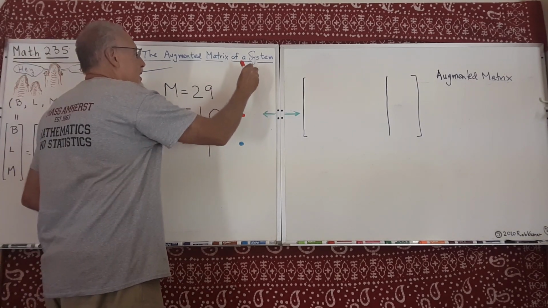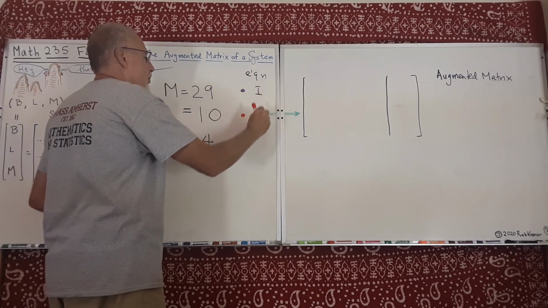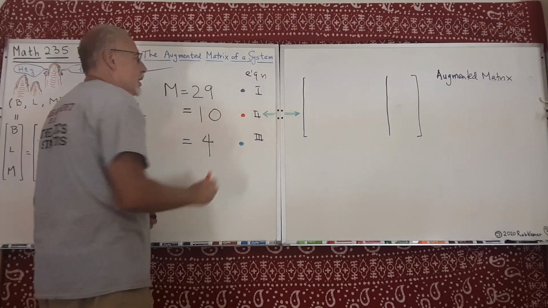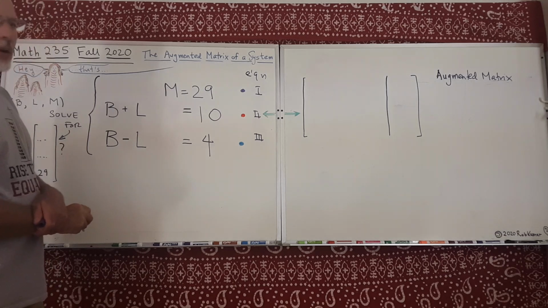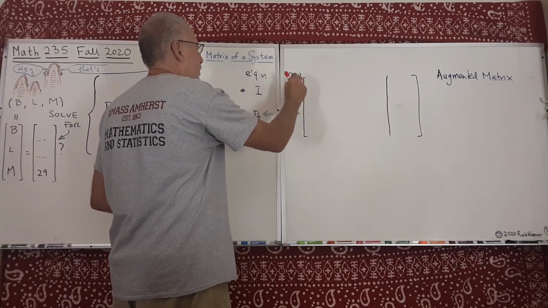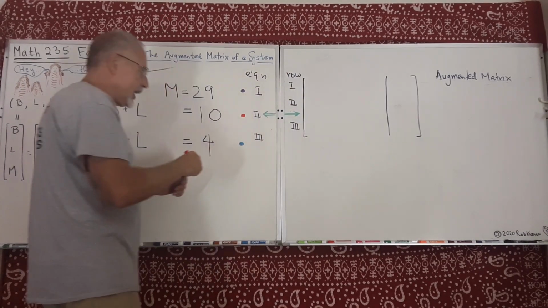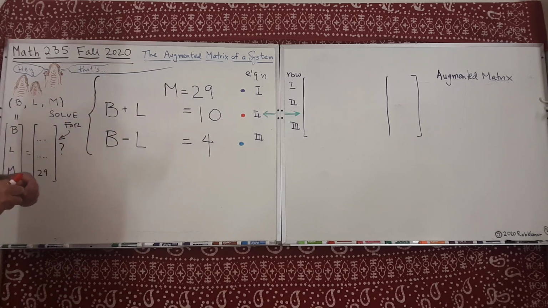in the system, and this has three equations, so maybe I'll label them 1, 2, and 3, corresponds to a row of the augmented matrix. So there's a row, and I'll also label them 1, 2, and 3. And this augmented matrix has two parts.